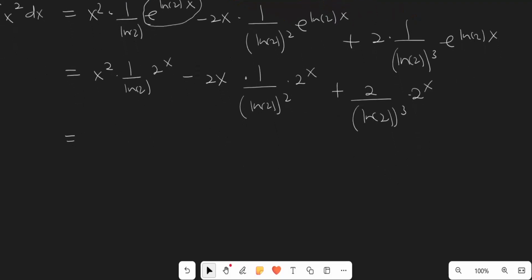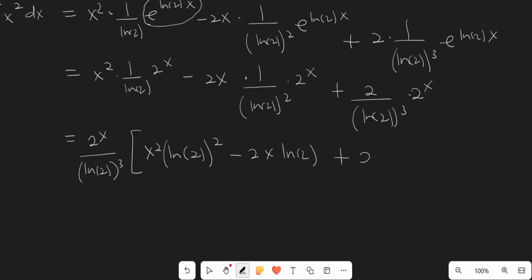So in the end, what can we factorize out? We can factorize 2 to the x out. We can also factorize this one out. This is the answer they give. And then what we are going to be left with here is x squared natural logarithm of 2 to the second power, minus 2x natural logarithm of 2, plus 2.